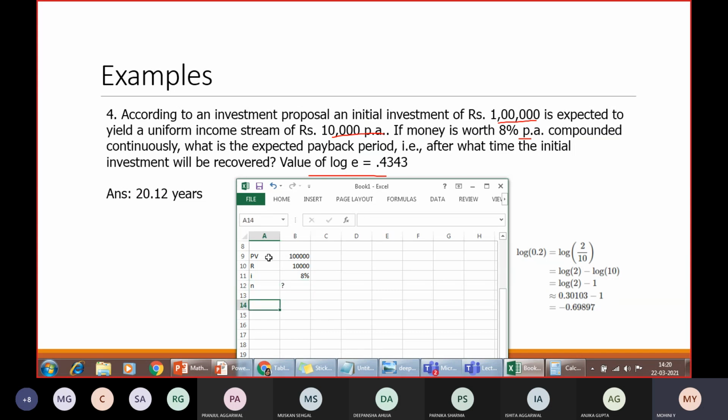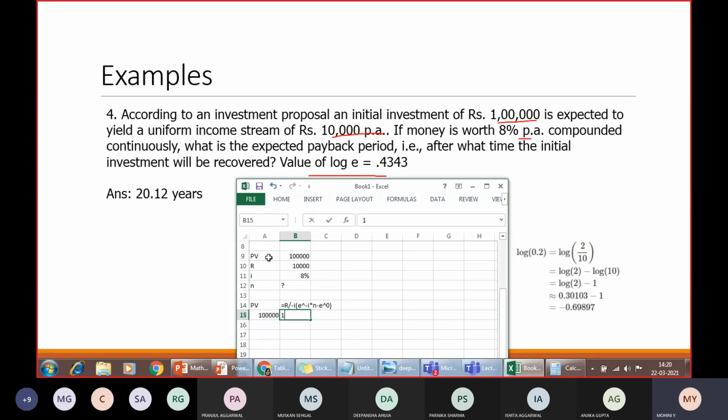So the formula for present value is this. R by minus I, bracket में e raised to power minus I into n, minus e raised to power 0. ठीक है, this is the formula. Present value हमें given है, that is 1 lakh.